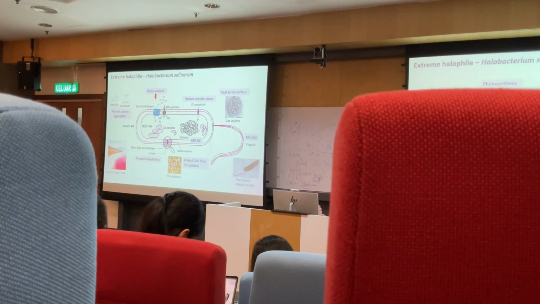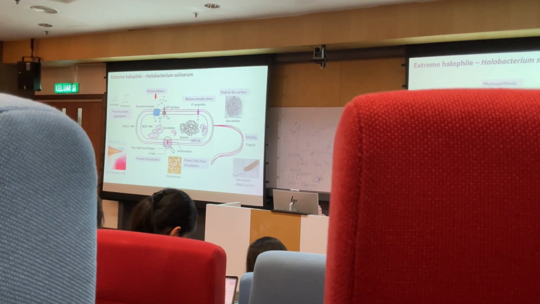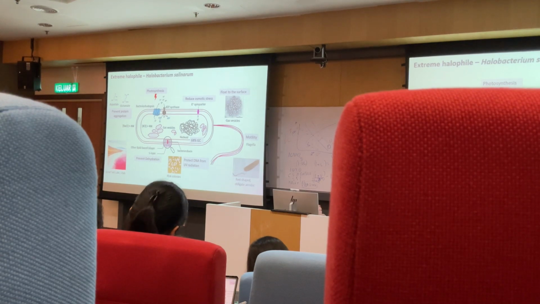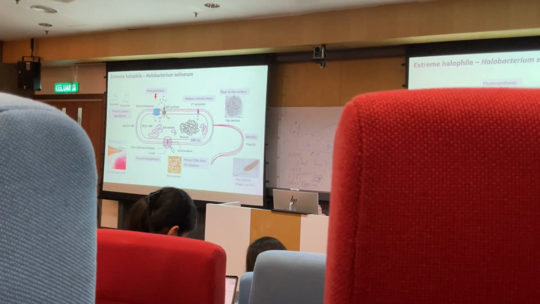By having these negatively charged amino acids on the surface of the protein, the negatively charged side chains can interact with the positive molecules in the cells, and that makes it soluble and stops it from aggregating. But when it aggregates, it cannot work. So this is how Halobacterium salinarum takes all these possible strategies to survive in high salt environments.